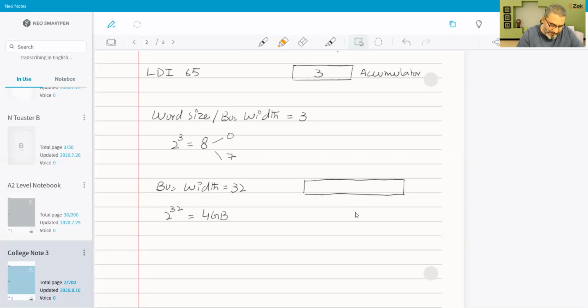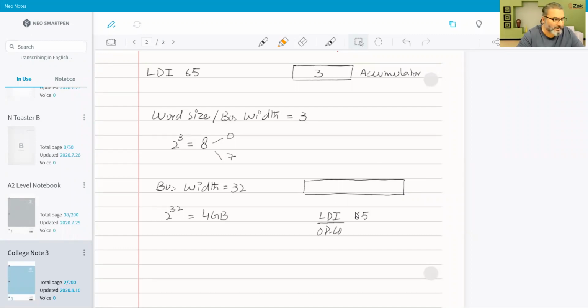So basically, let's say if I write a command LDI 65, this LDI is basically called the opcode, operation code.